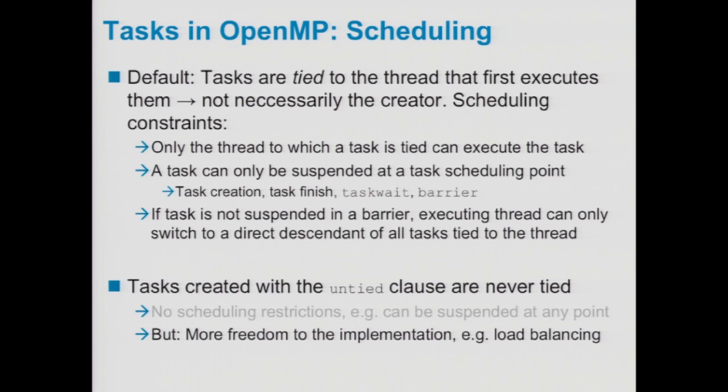So because of that, OpenMP introduced two different variants of tasks. One of them is called a tied task, and one of them is called an untied task. The tied task means that when a thread is dispatched, it will always execute on that thread until that task is finished.